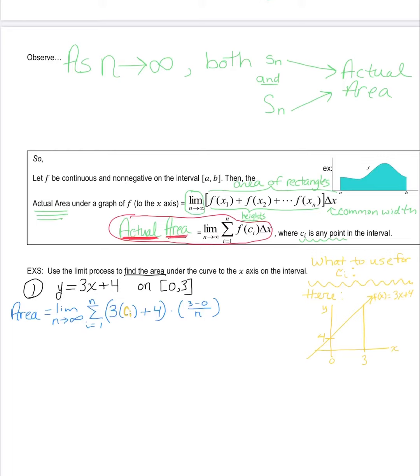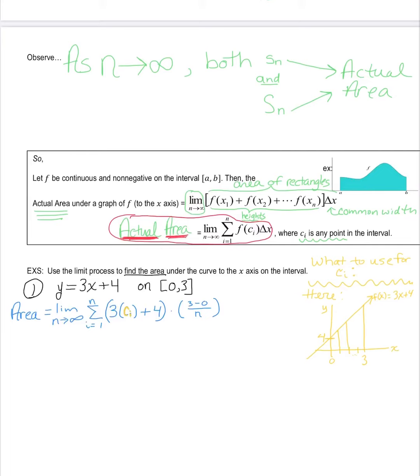Well, when we think about breaking this up into some rectangles, that's kind of what we would think about. And I'll just draw in what we might have going on here.